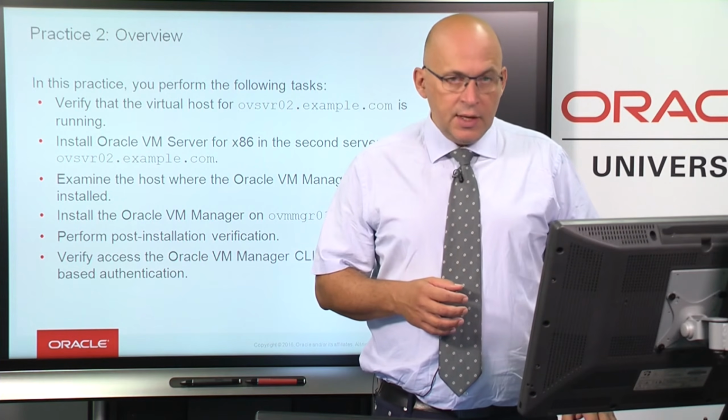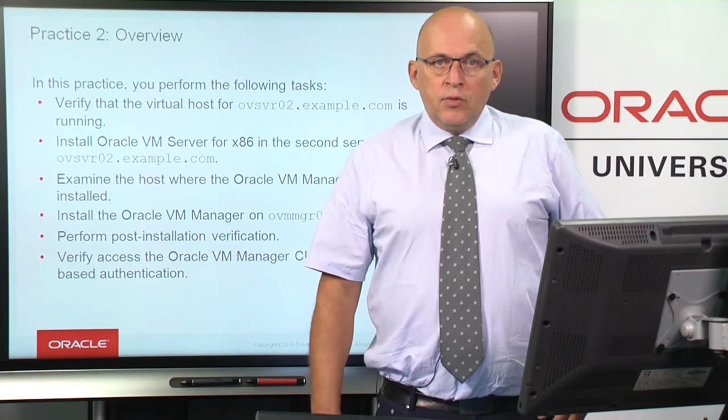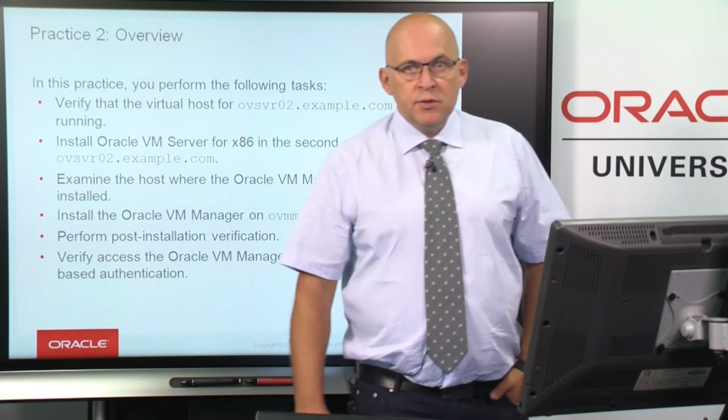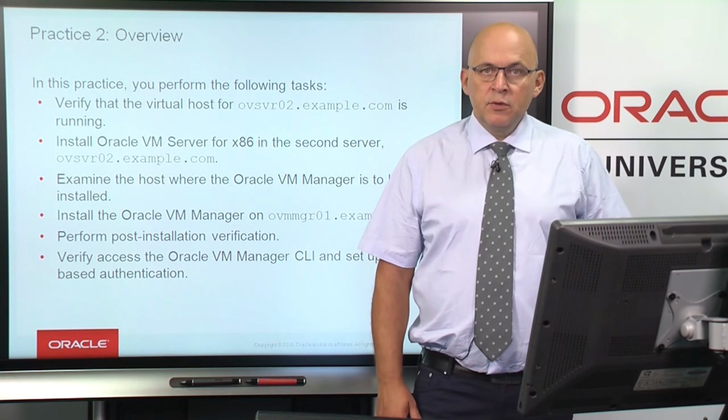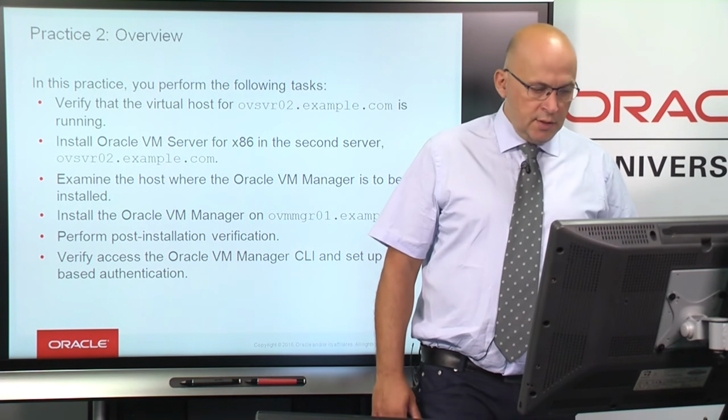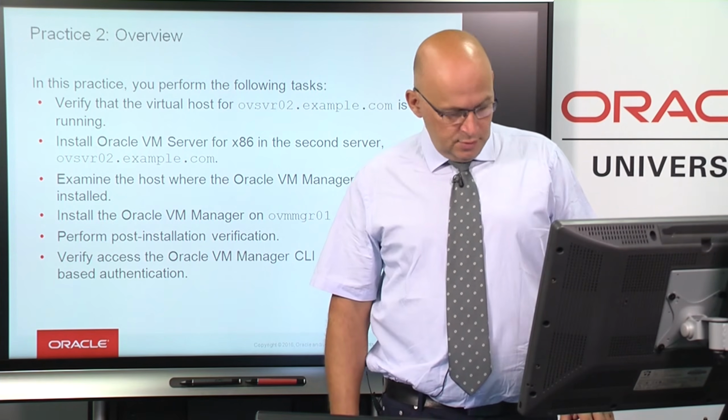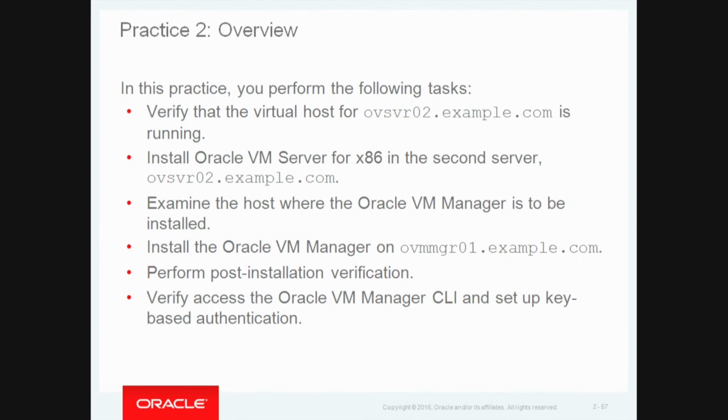We will also perform an enhancement: instead of entering passwords all the time, we will set up key-based authentication between hosts in order to run these commands. This is the end of chapter 2, part 2.